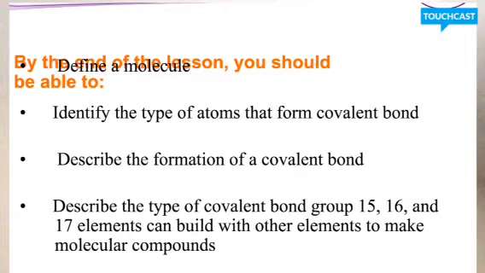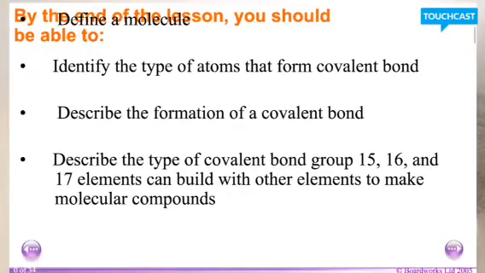This last learning objective is where I set you homework 1, and I've noticed that many of you are still having trouble determining the type of covalent bonds group 5, 6 and 7 make.